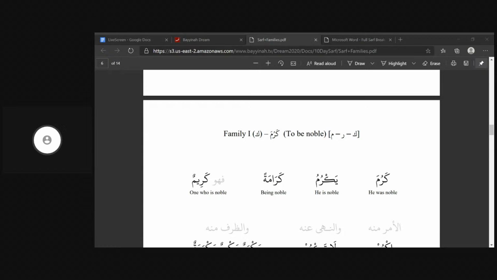How do you identify the fa and lam letters in a verb with 3+ letters? Well, you have to match it up with one of the fi'ls in the 8 families. Once you match it up, then you ignore what you know to be part of the family and you pick out the roots that way. So let's just do an easy one.